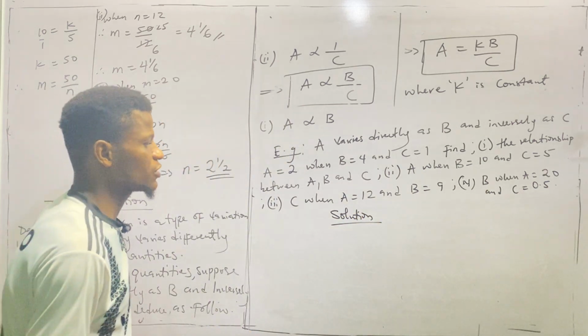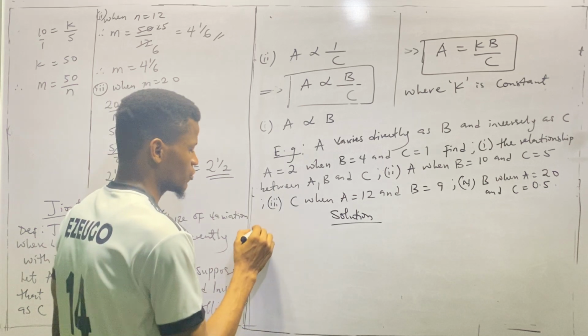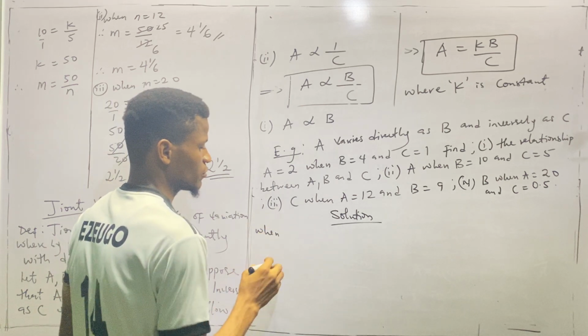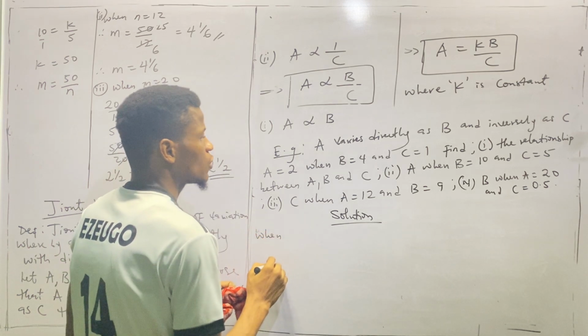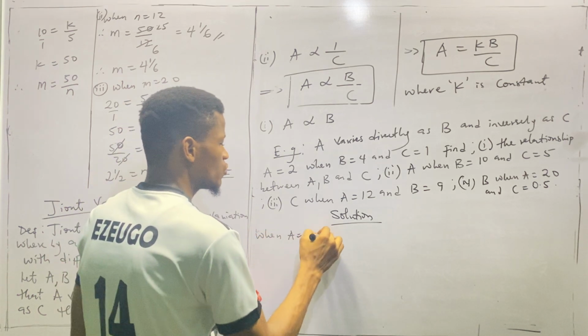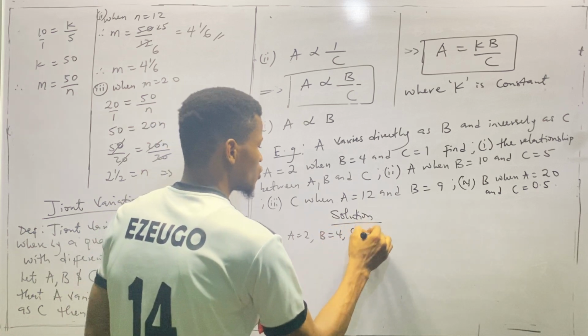So the question says, let's write the values: A is 2, B is 4, and C is 1.